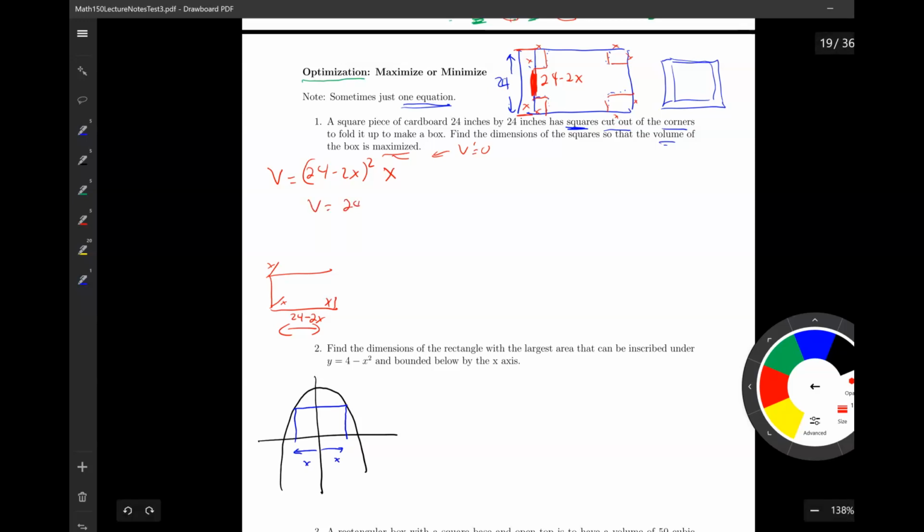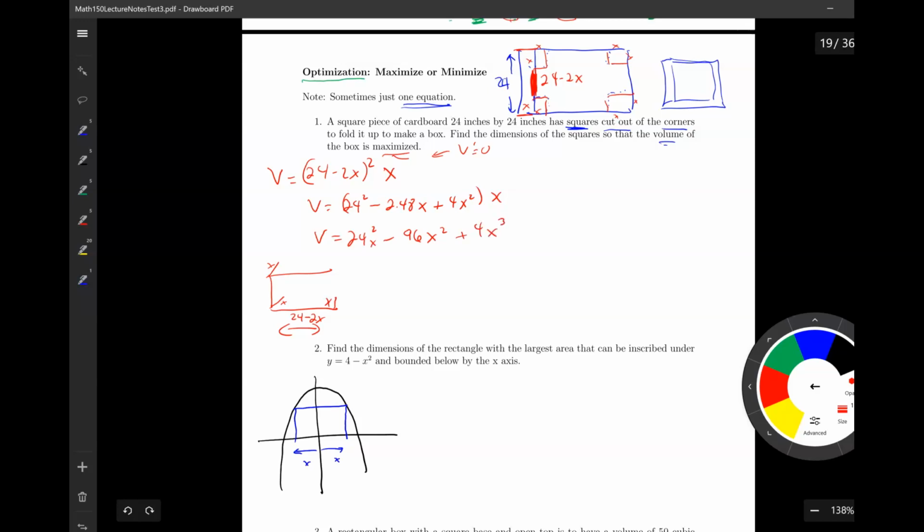So volume is 24 squared minus 2 times 48x plus 4x squared, times another x. So I get the volume is 24 squared x, I'm sorry, I lost the x there, minus 96x squared, and then plus 4x cubed.